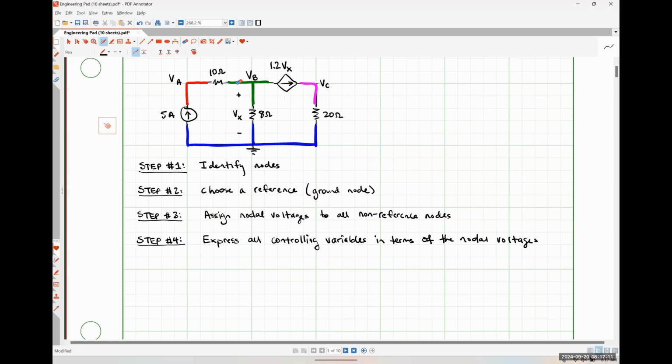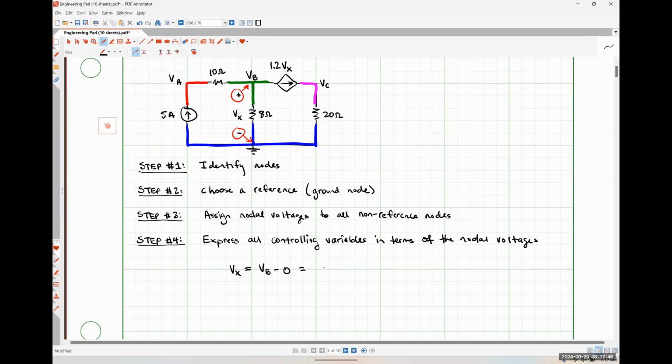Anytime we have a voltage in a nodal analysis problem, it is always going to be simply the node that is tied to the positive polarity terminal minus the node that is tied to the negative polarity terminal. So in this case, our expression would simply be Vx is going to be equal to Vb minus 0, because our ground or reference node is always considered 0.